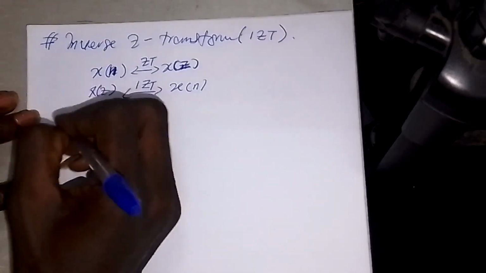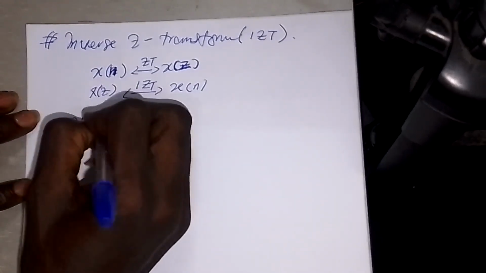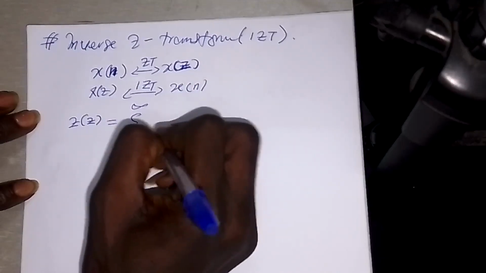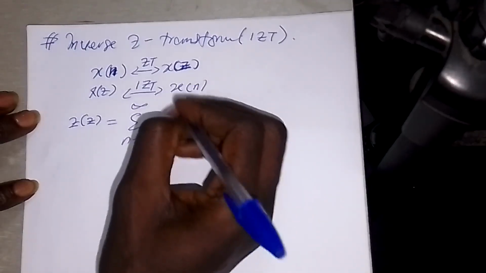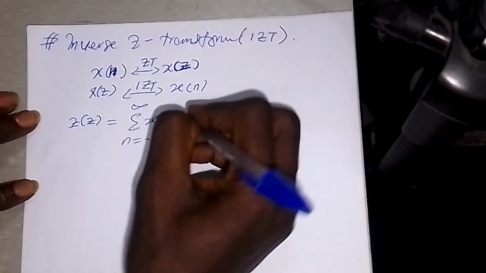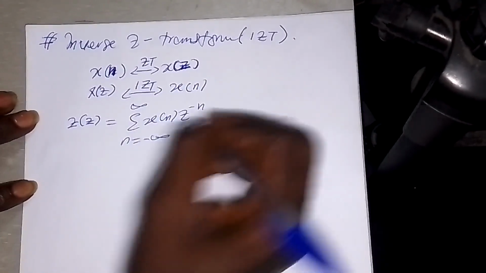We know that this is the formula for the Z transform, the general formula using the two-sided Z transform approach: X of z equals the sum of x of n into z exponent minus n.